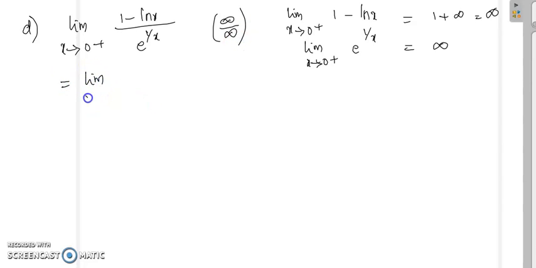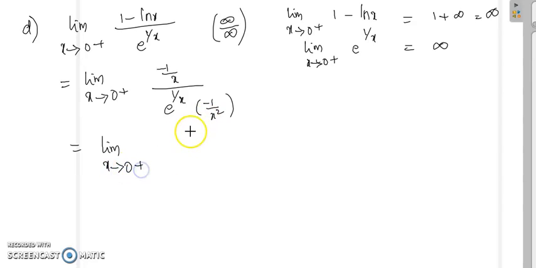So this is an infinity by infinity form. So by L'Hospital rule, when you take the derivative, you will get limit x tends to 0 plus minus 1 by x in the numerator, and in the denominator the derivative is e raised to 1 by x into minus 1 by x square by chain rule. So that is limit x tends to 0 plus 1 by e raised to 1 by x into 1 by x.